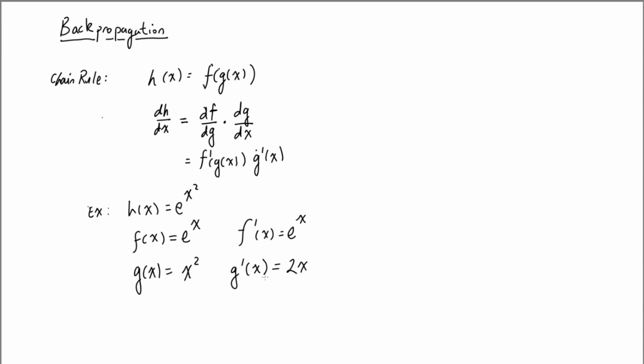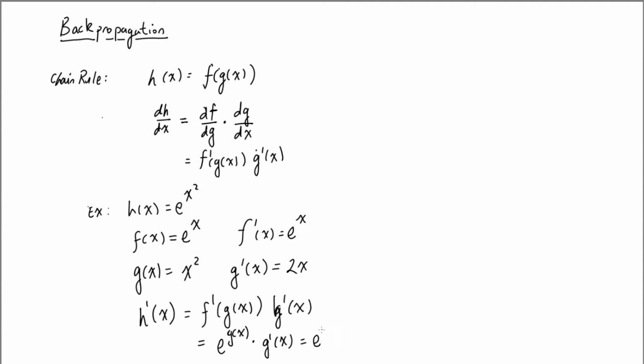So the derivative of h is going to be f prime of g of x times g prime of x. f prime is the exponential evaluated at g of x, times g prime of x. So this is going to be e to the power of g of x, which is x squared, times g prime of x, which is 2x.